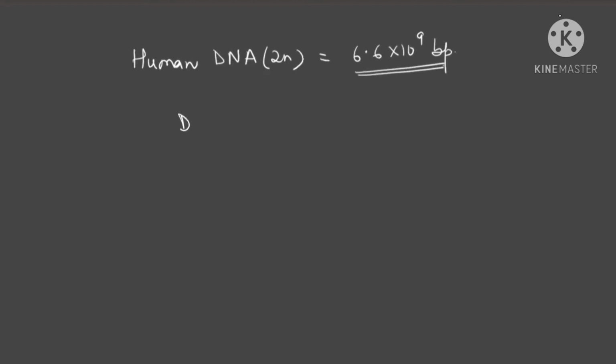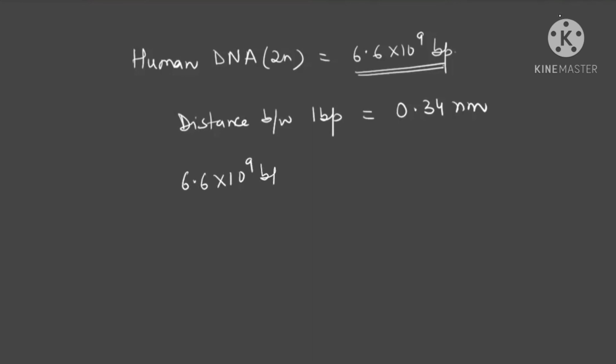And the distance between one base pair is 0.34 nanometer. So if you multiply total 6.6 into 10 raised to power 9 base pairs with 0.34 nanometer, your answer will come nearly 2.2 meter long.